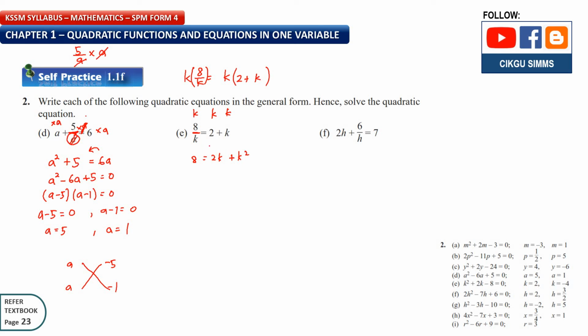So this one is positive, so I bring it there, becomes k squared plus 2k minus 8 equals 0. Okay, so k plus 4, k minus 2.